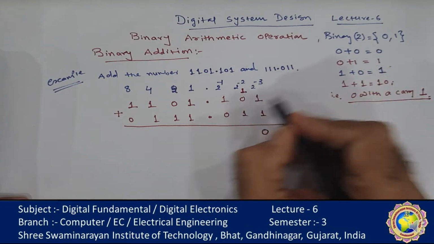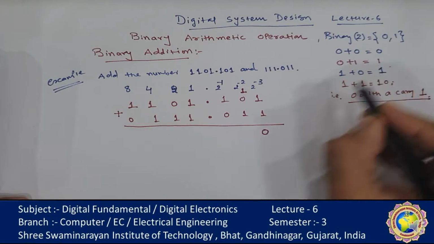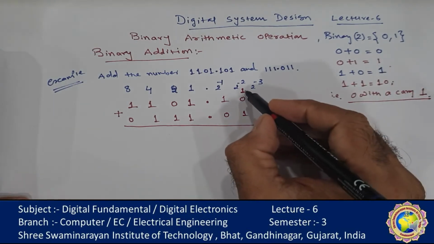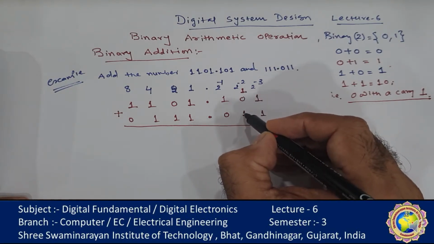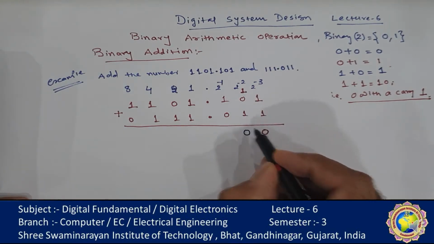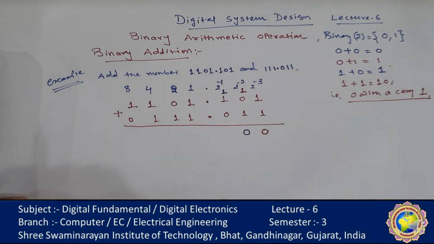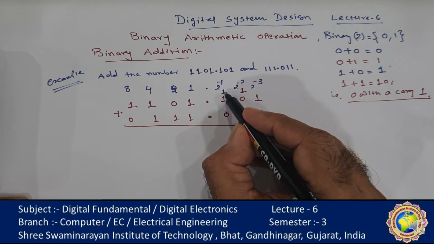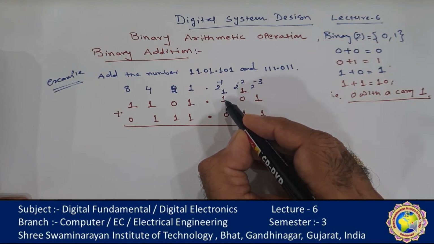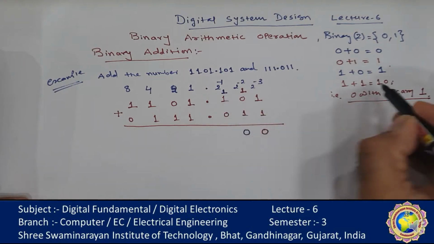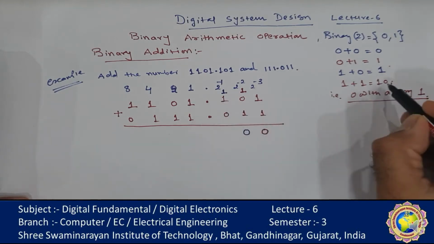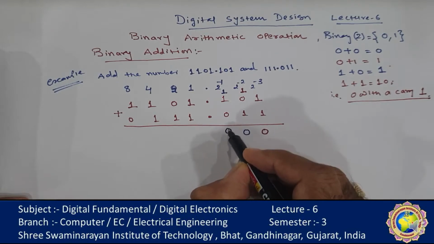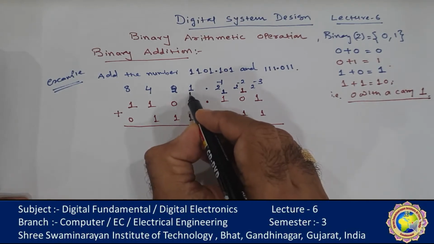So 1 plus 1, it will become 0 as sum and 1 as carry. 1 plus 0 is 1, and 1 plus 1, 0 is the sum and 1 is carry. Again, carry plus 1 plus 1 is 1 0. 1 0 plus 0 is the same, sum is 0 and 1 is carry.